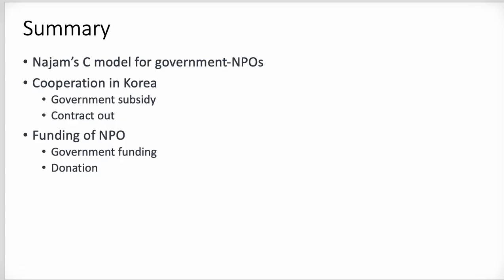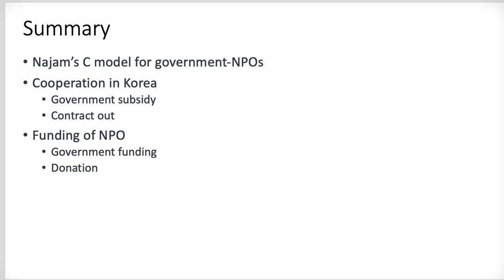So this was it for today, and when we look at the summary, the first one is Najam's 4Cs model that explains the government and NPO relations. And then we took a look at the cooperation in Korea between government and NGOs.